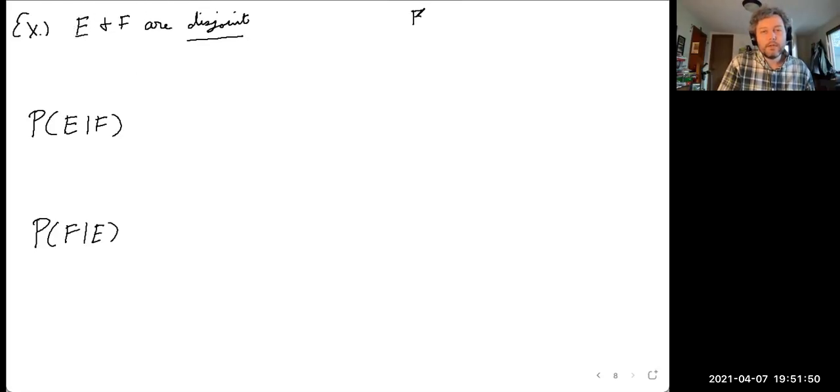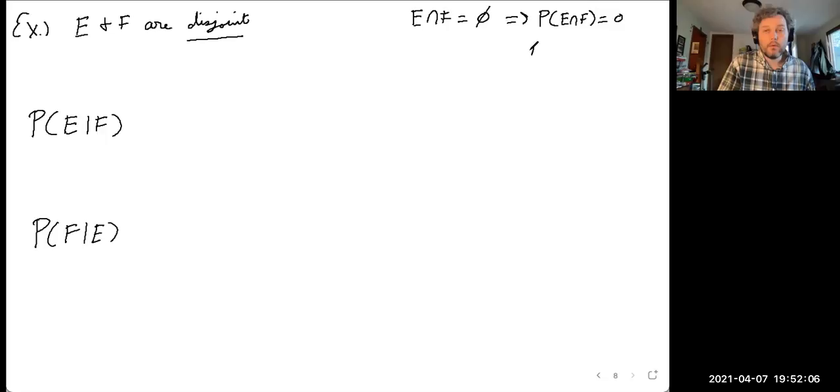If E and F are disjoint, then we know their intersection must be the empty set. So that implies that the probability of E and F must be 0.